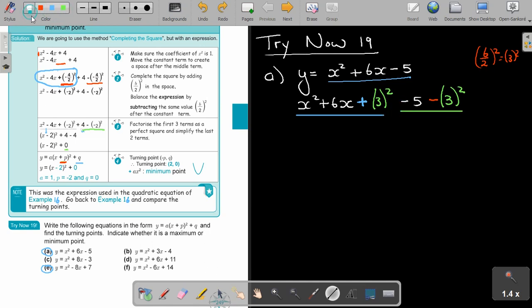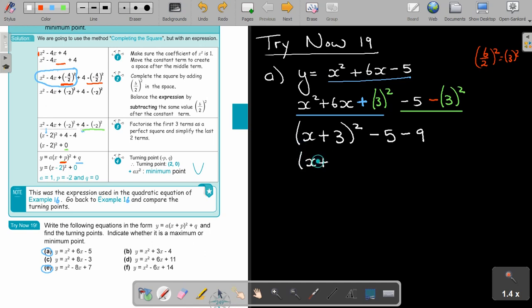But start with the first 3. So it's (x plus 3) squared. So you just take that without the square, that without the square. And this I just simplify. So it's minus 5 minus 9. Do you agree? Okay. So I'm going to simplify it further.